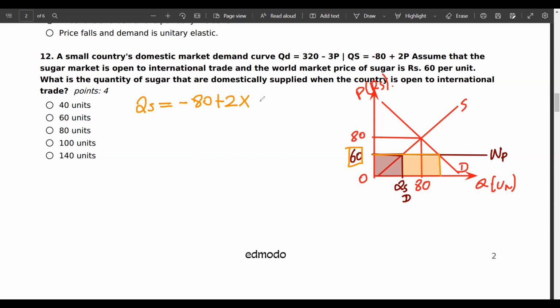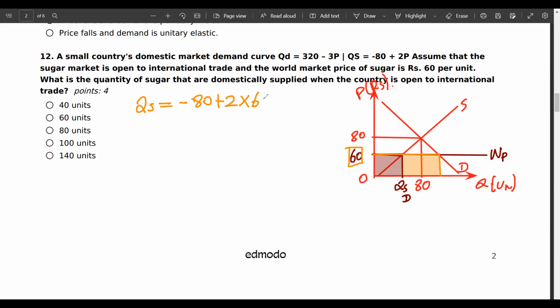If the domestic equilibrium was at 40 rupees, then we didn't have to worry about the world market selling at 60, because we are selling at 40, so everyone will buy with us only at 40 rupees. No one will go and buy the international sugar because it's expensive. But here what happened, our equilibrium price is 80, but due to this international market coming in, we are forced to sell at 60.